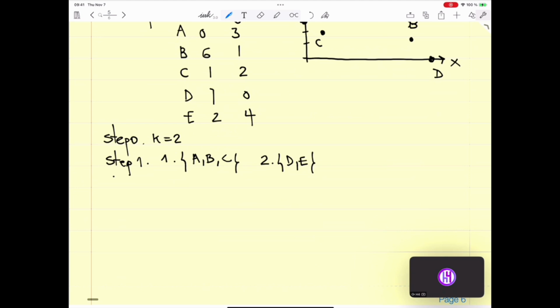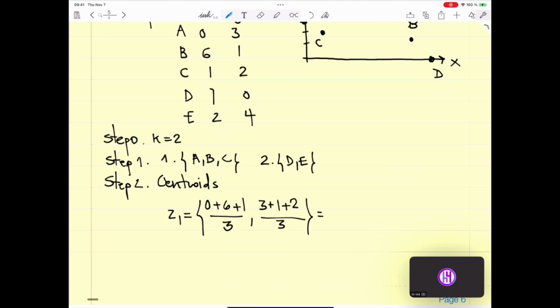So step 2, calculate the centroids. So the centroid of the first group is 0 plus 6 plus 1 divided by 3, and 3 plus 1 plus 2 divided by 3.